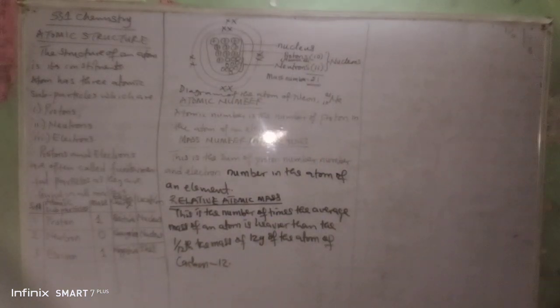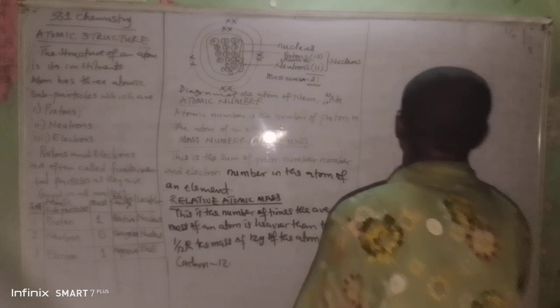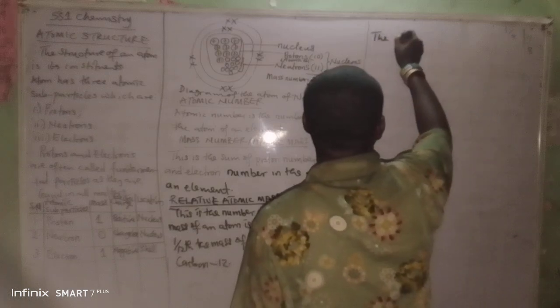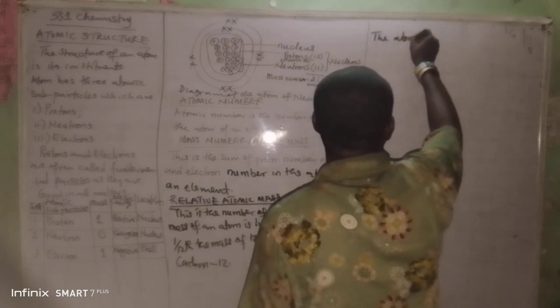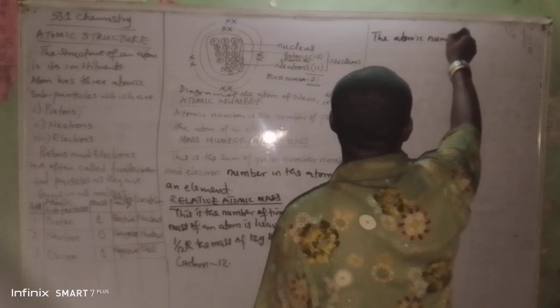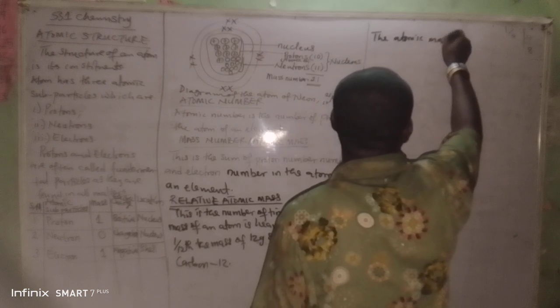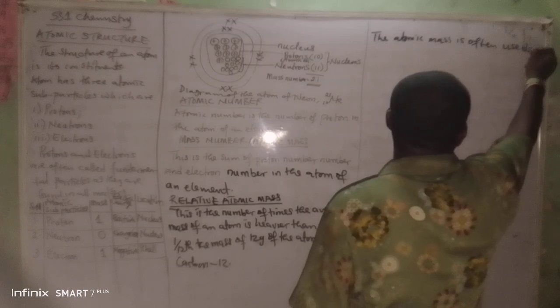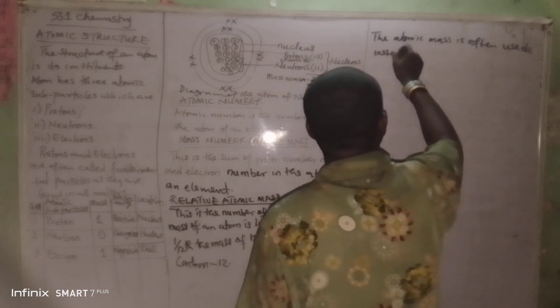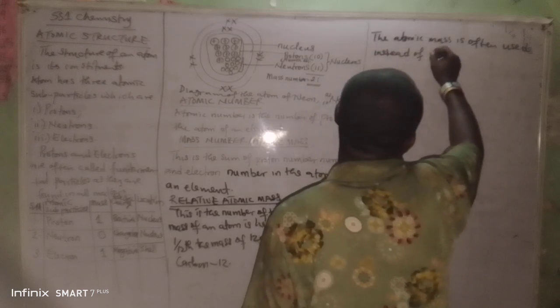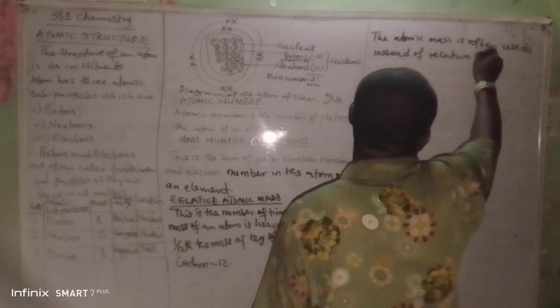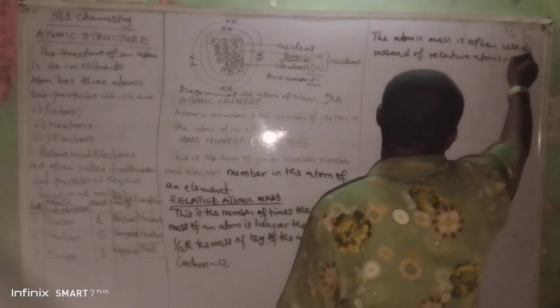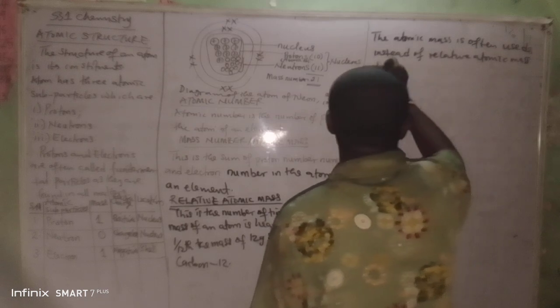Now, I've seen a question before, so take note of one thing. The atomic mass is often used instead of relative atomic mass. Why?